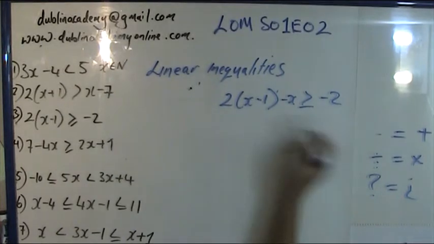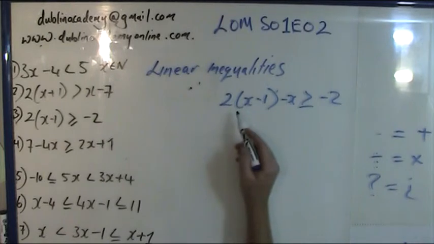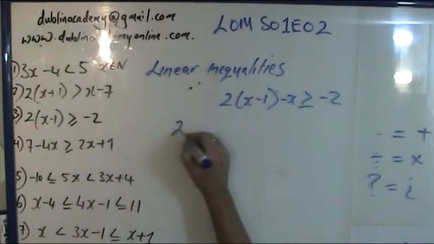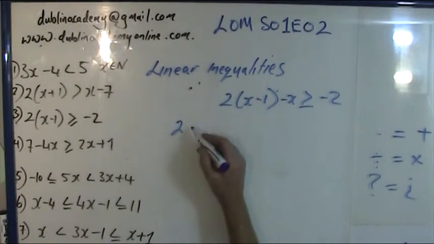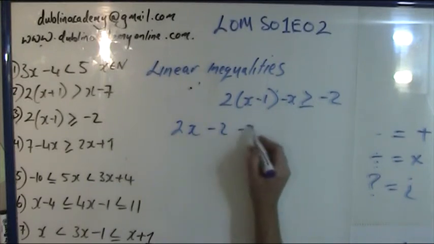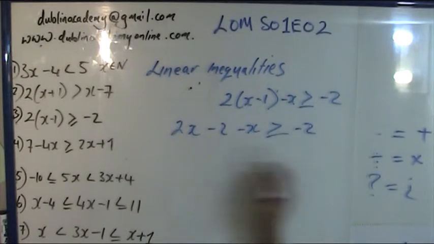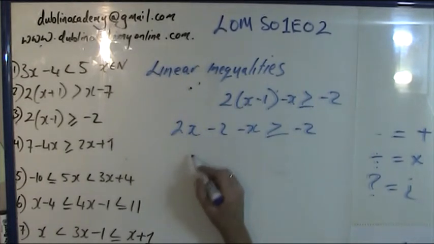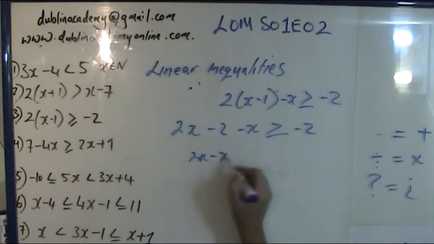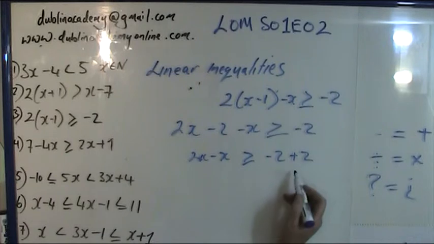So 2 times x minus 1. What do I do here? I can't do anything unless I release these brackets. I'm unwinding these. So 2 times x is 2x, plus a minus is a minus, minus x is greater than or equal to minus 2. So I bring the x's onto the left-hand side: 2x minus x is greater than or equal to minus 2 plus 2.